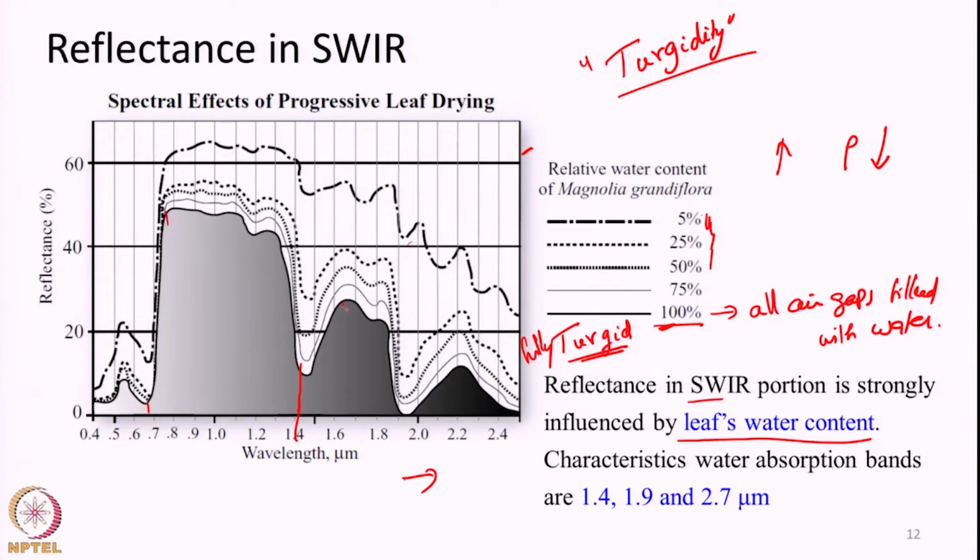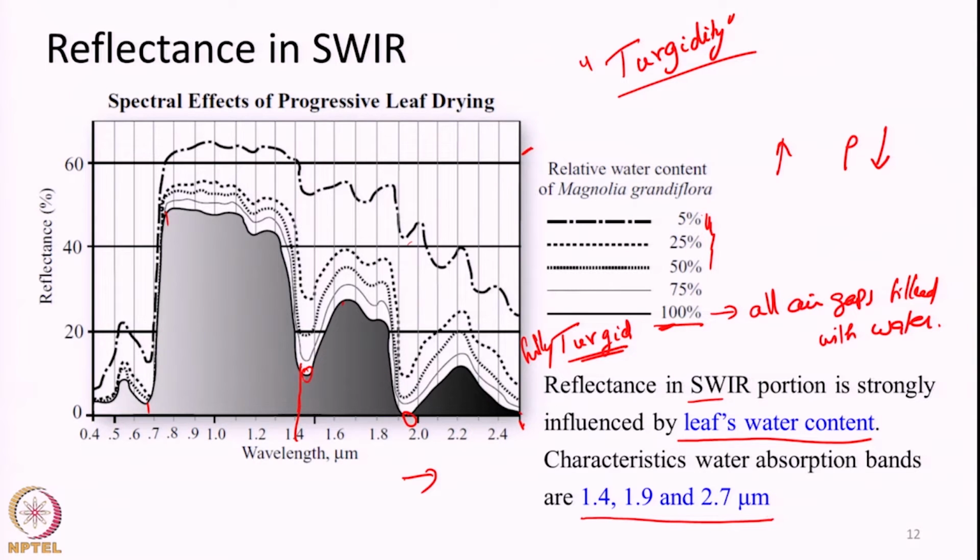Okay, so this is the curve for a healthy leaf, and there will also be 3 strong dips. It is not that it stops at 2.5, but there are 3 strong water absorption bands at the 1.4, 1.9 and 2.7 micrometer portions of the EMR spectrum.